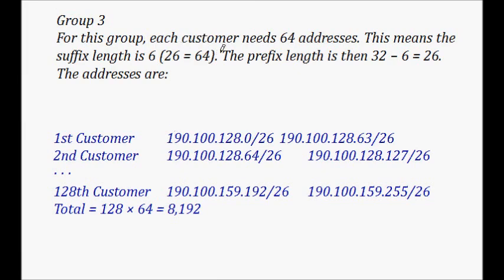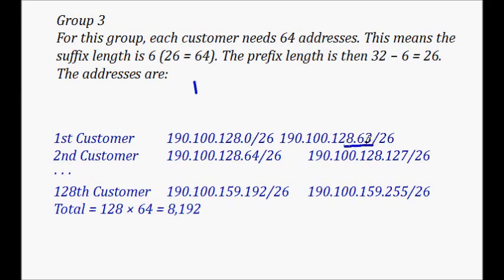Now for group 3, we want 64 addresses for each customer. So we have 6 bits for the host, the prefix length is 26, and there are 128 such groups. I can start with 190.100.128.0, and because I have just 64 addresses, I just add 64 to it.